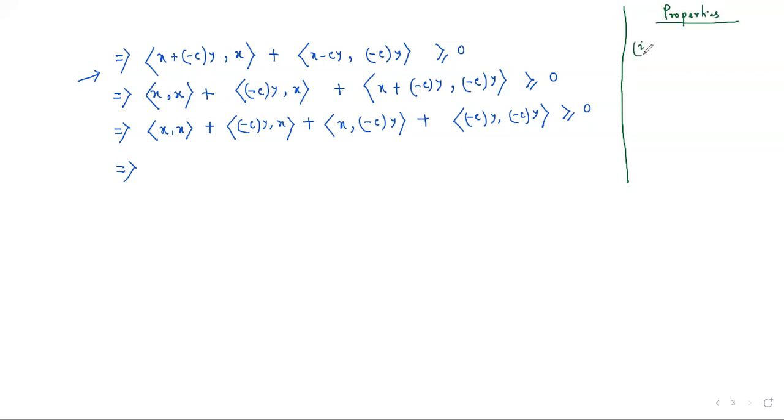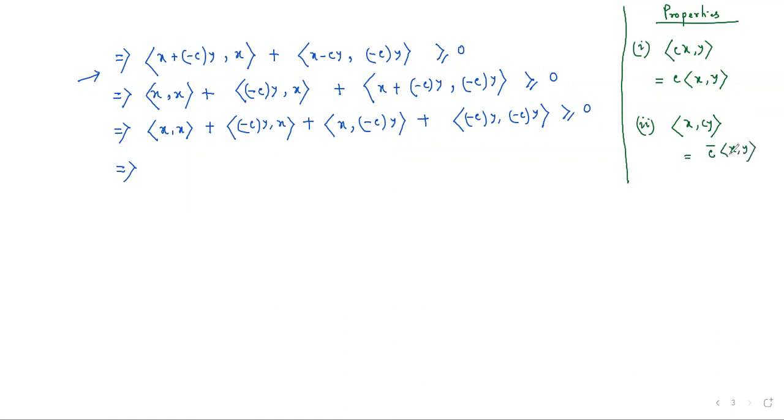One property is as follows. For a scalar c and two vectors x and y, the inner product of cx with y is equal to c into the inner product of x comma y. This is one property, and number two property is x comma cy, which is equal to c bar times x comma y.